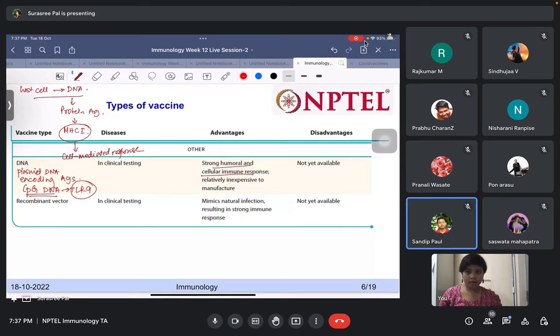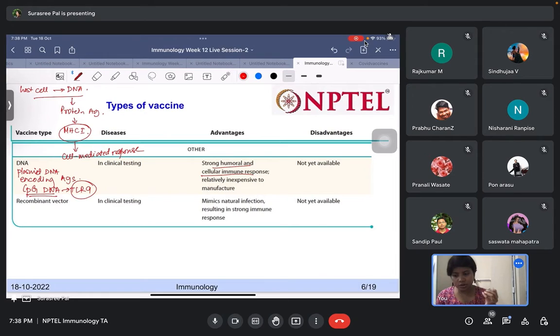Last, I'm going to talk about these recombinant vector vaccines. So there is a gene which encodes a particular antigen, and this gene is inserted into a recombinant vector.